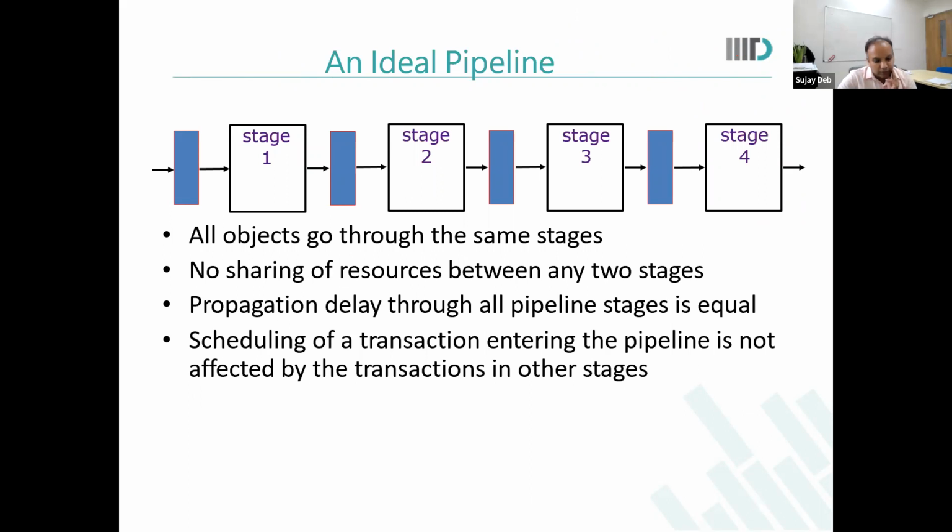So generally in a pipeline, what happens? Let's say you look at the car assembly line. In the car assembly line, let's simplify the manufacturing of a car into 5 steps. In the first step, let's say the bare car body comes in.